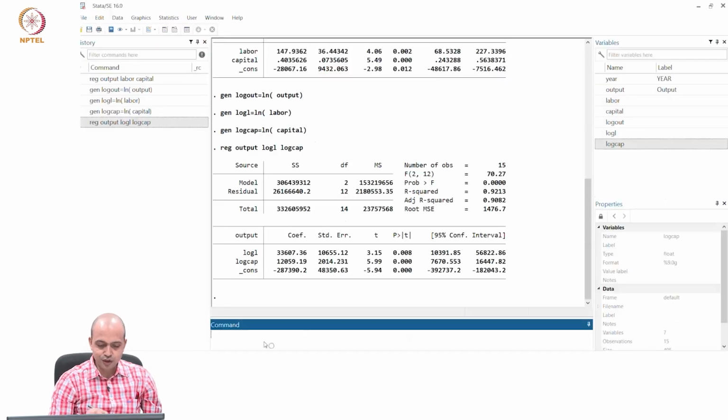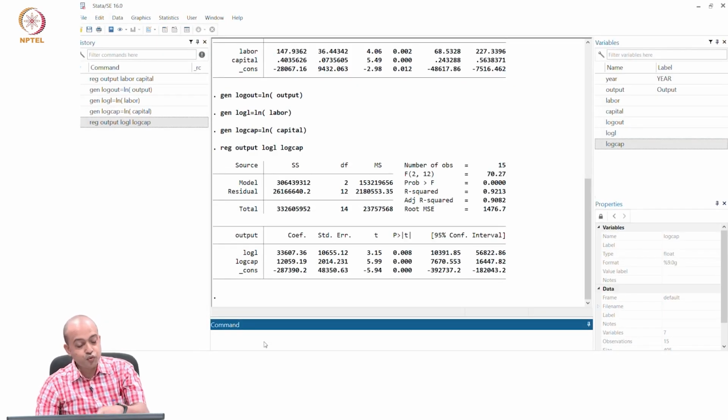So, same logic will apply. So, that means for 1% change in your labor, your expected value of y will change by the coefficient beta hat, which is 33607. If you divide by 100, it would become 336.07. That is the interpretation.